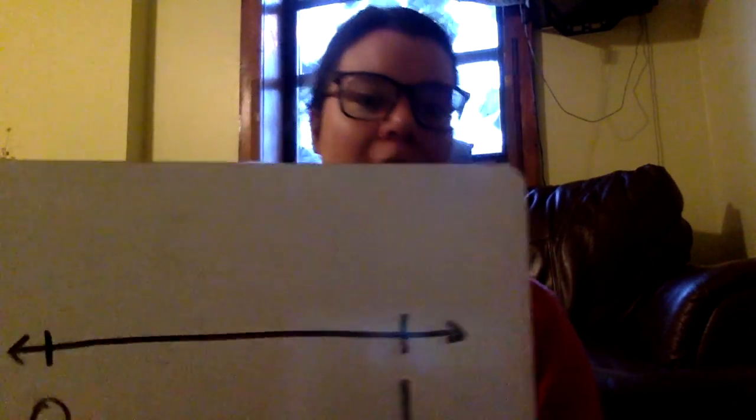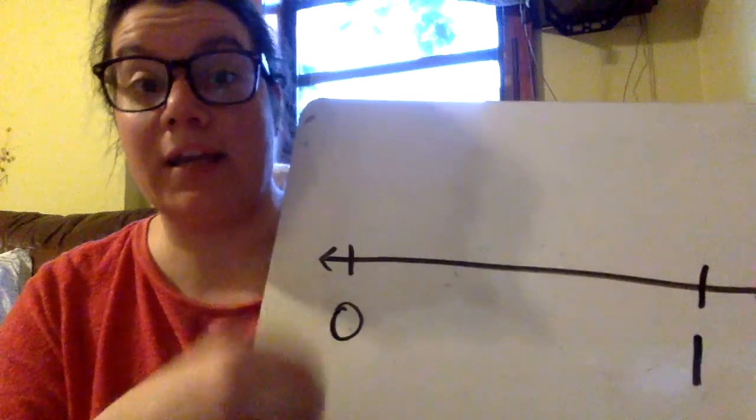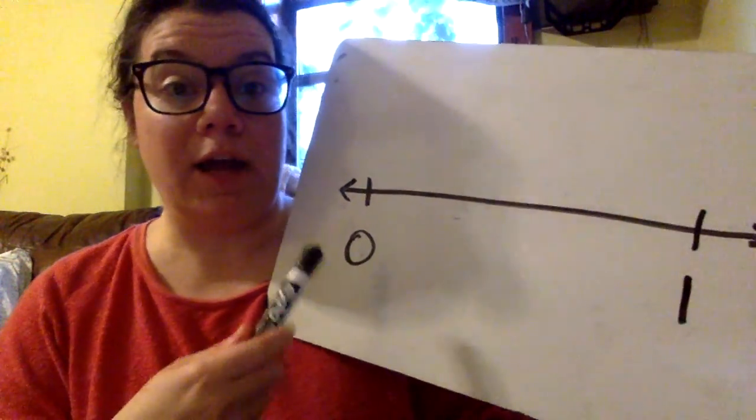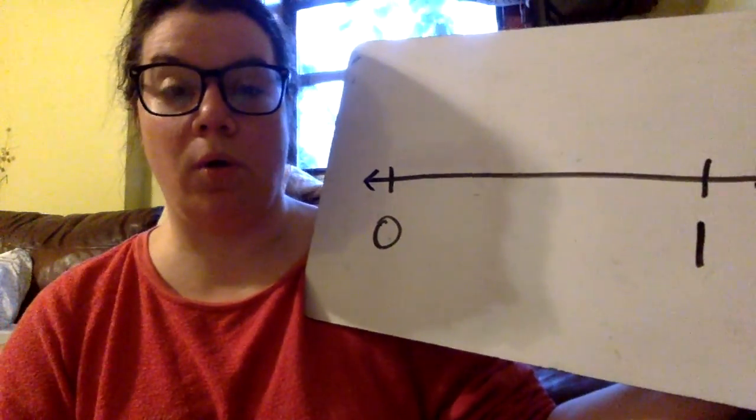So, plotting fractions on a number line, we know that a fraction is one whole cut into equal pieces, and we're talking about a part of that fraction. So on a number line, we have 0 to 1 whole.